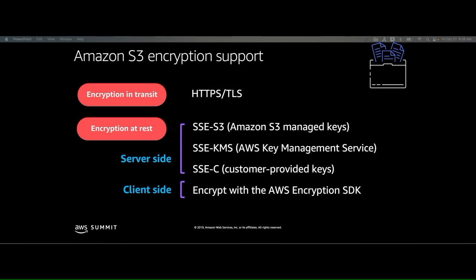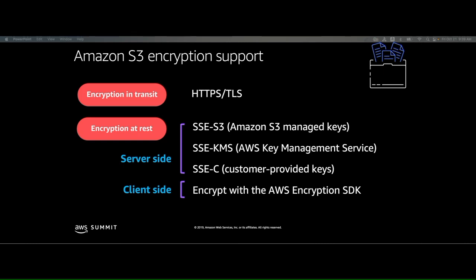Now, we can also have server-side encryption, right? And we have multiple ways to encrypt the data at rest. So we have SSE-S3. Basically, what happens is when you use this type of encryption, each object is encrypted with a unique key. As an additional safeguard, it encrypts the key itself with a root key that it regularly rotates, right?